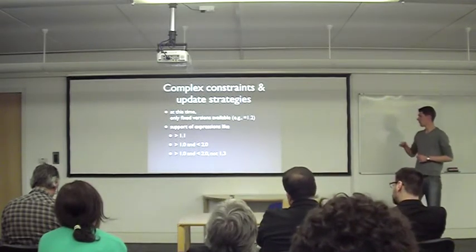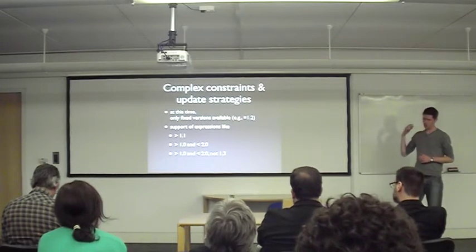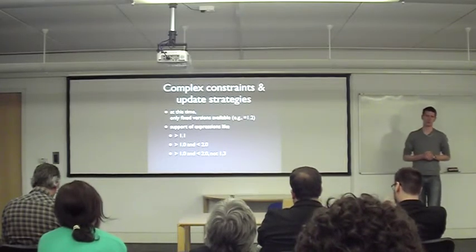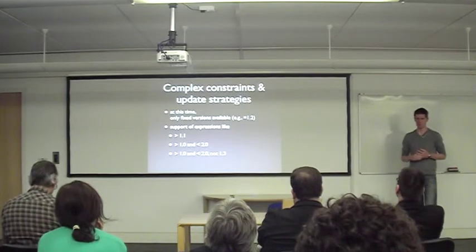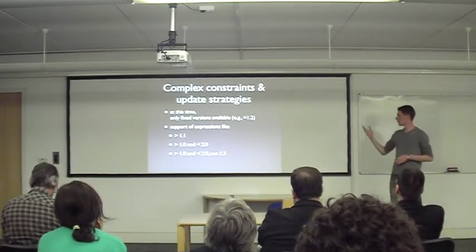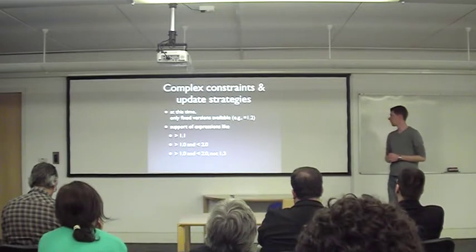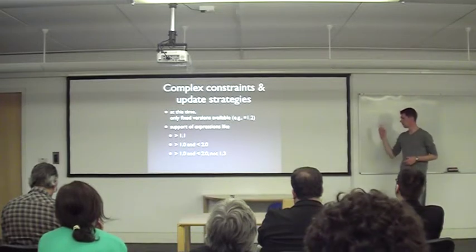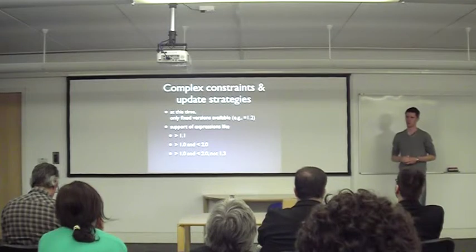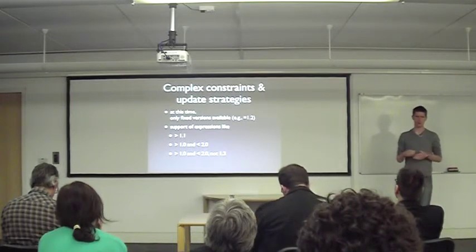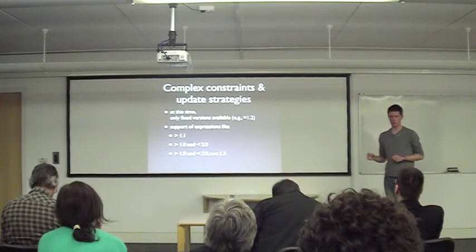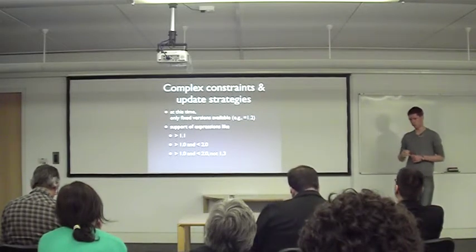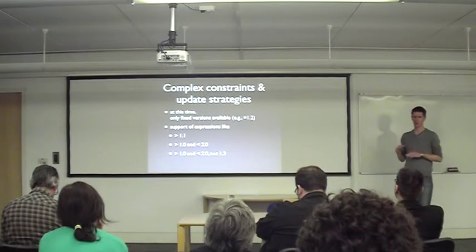Another point I would like to have is to be able to express more complex constraints on dependencies. At this time we have, okay, I depend on foobar 1.2. I would like to have expressions like, okay, I need foobar at least version 1.1, but a newer version will be fine too.